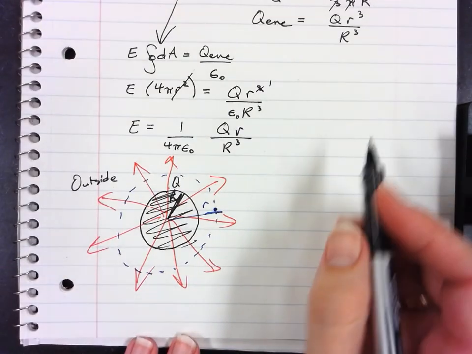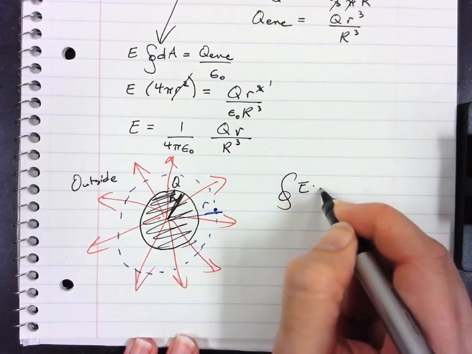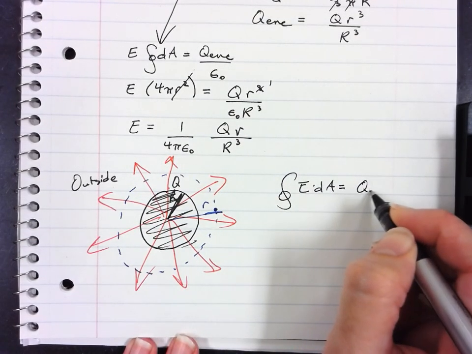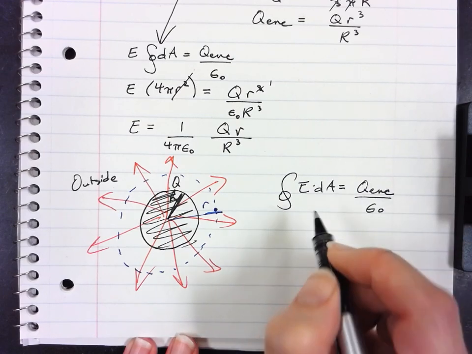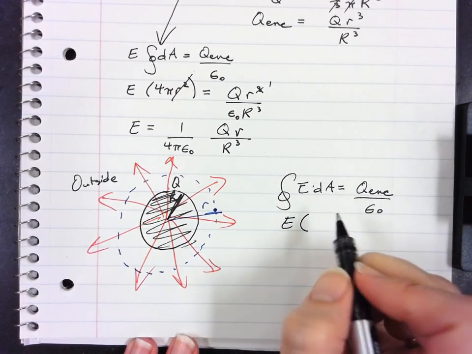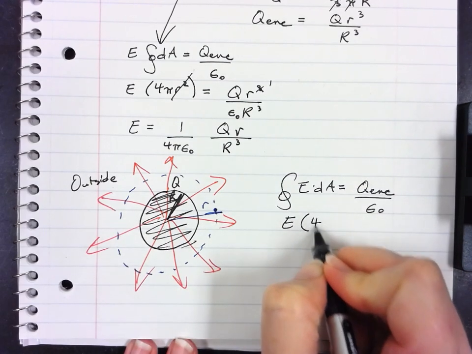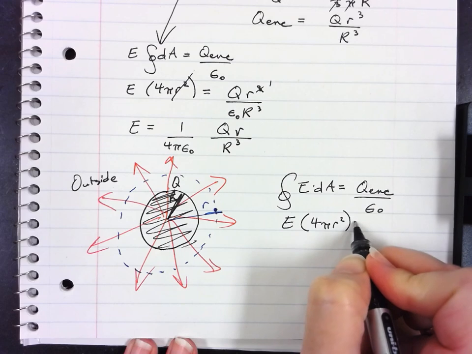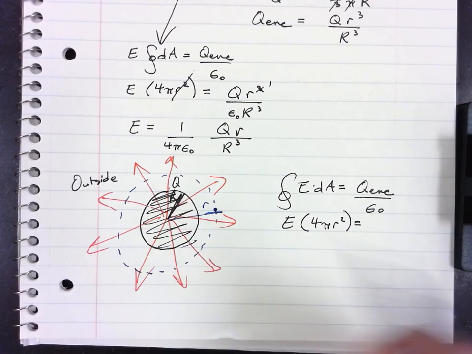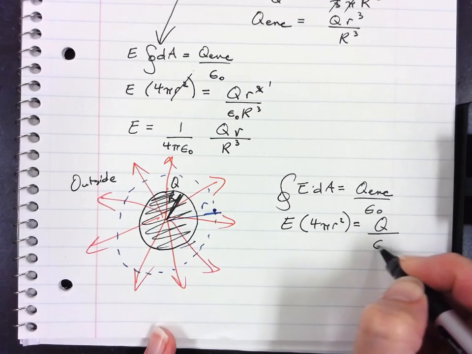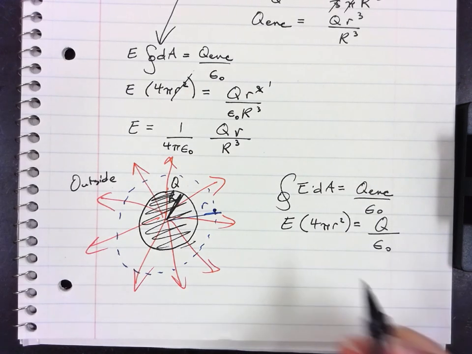Well, now when I apply Gauss's law, E dot dA equals Q enclosed over epsilon naught. So I'm going to skip ahead. E times the area of the sphere of interest, the blue sphere, so 4 pi little r squared, equals, well, the charge enclosed is big Q over epsilon naught.